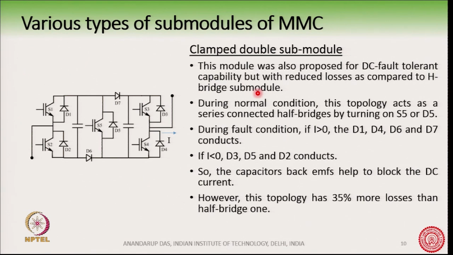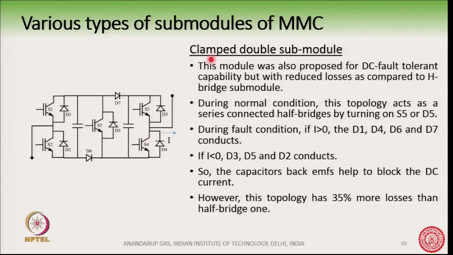Now, when a fault happens, if this current I is greater than 0, then we have turned off all these transistors. So, you can see that the current will now have two paths. One path is like this: current comes here, I is greater than 0, through D1, through D7, through this capacitor, through D4 and goes out.